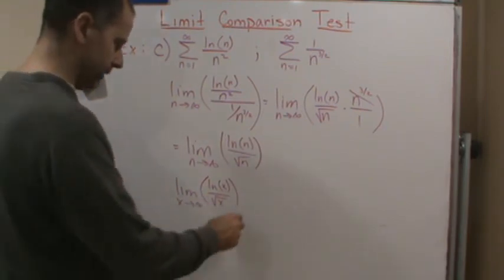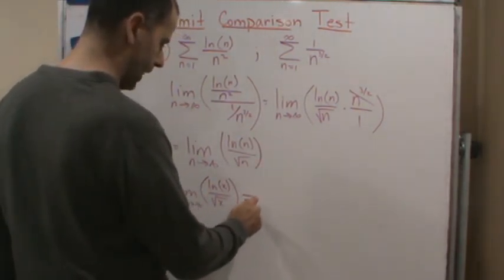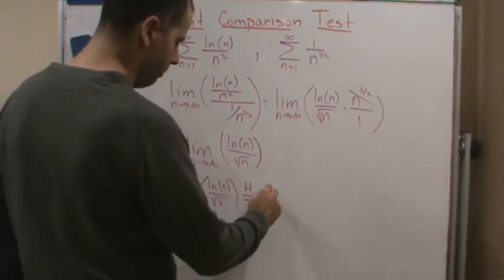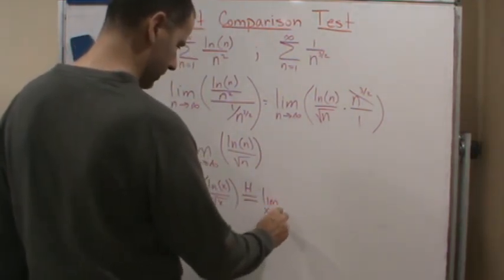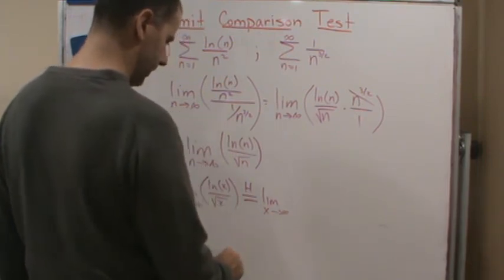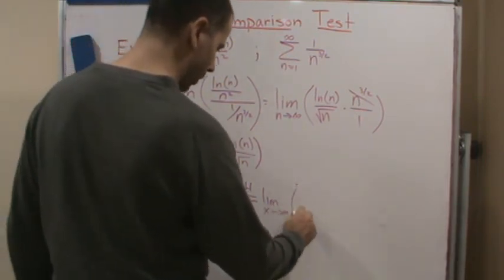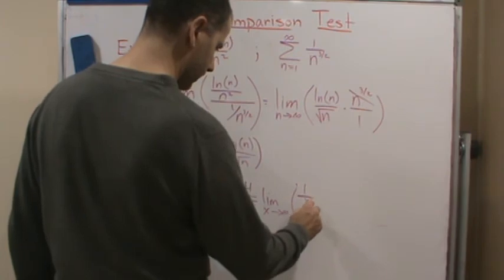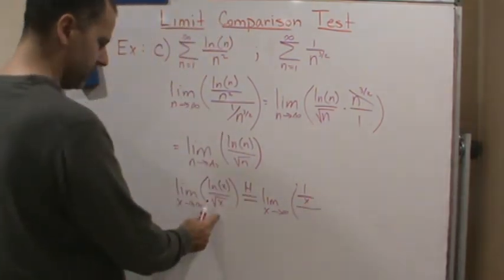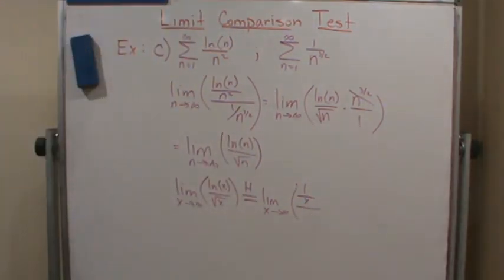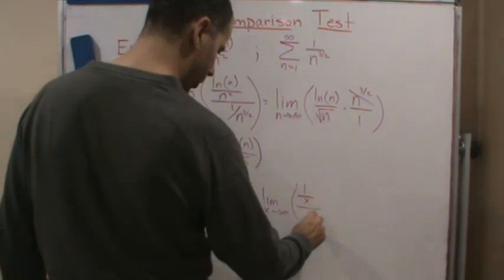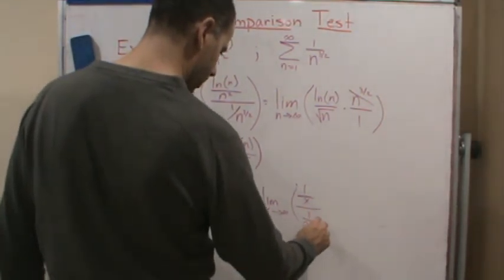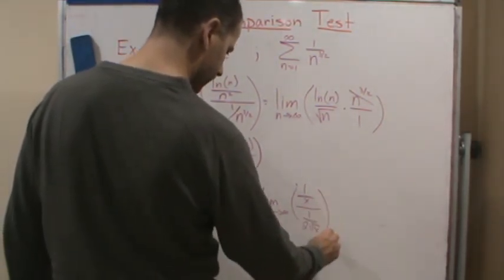So now we're going to take the derivative of the top and the bottom. And by L'Hopital's rule, this becomes the limit as x approaches infinity of 1 over x over, in this case, the derivative of the square root of x, which is 1 over 2 root x.